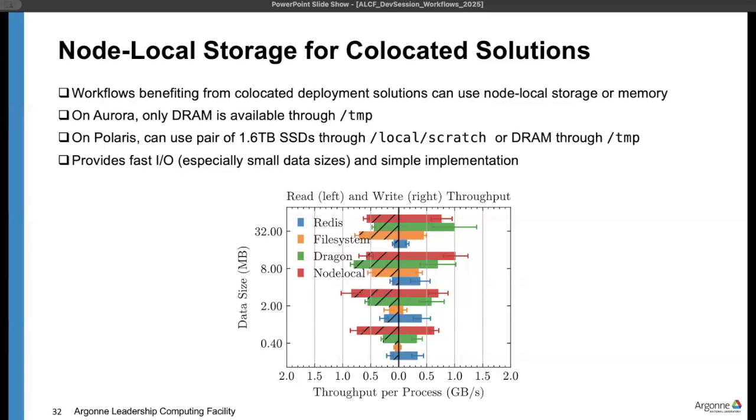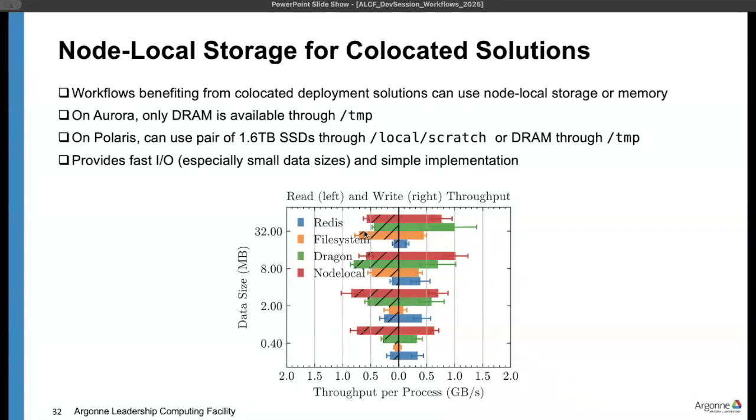On Aurora, that would be only the DRAM available through temp, but on Polaris, you can make use of a pair of 1.6 terabyte SSDs through local scratch or DRAM. This is perhaps the more bare bones, but in some cases ideal, solution if what you're after is really fast I/O, I would say especially for small data sizes.